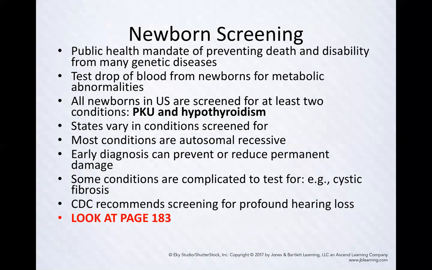But at the same time, there's an ethical dilemma that starts to come up, because what happens if you can't treat it? What do you do then when you give this information to somebody and they start to make decisions about having a child or not having a child, or decisions around what they're going to do?